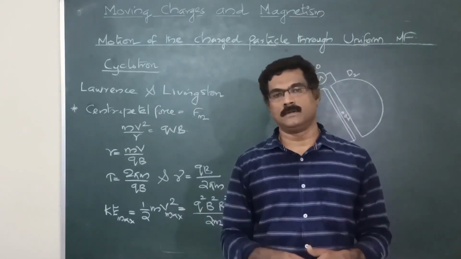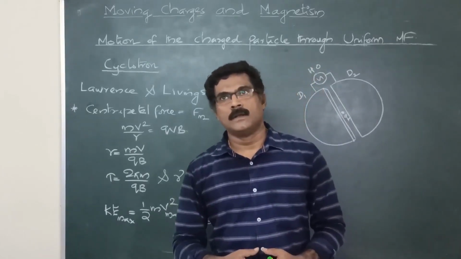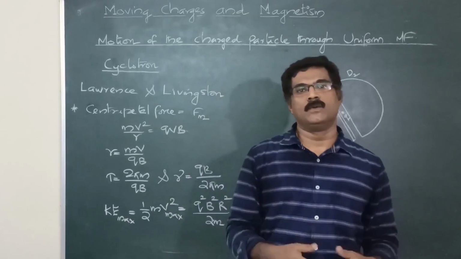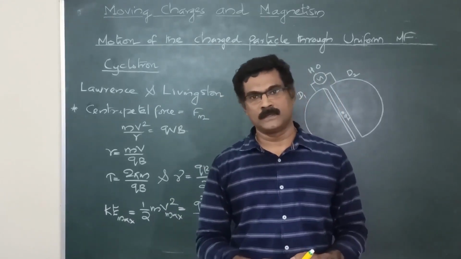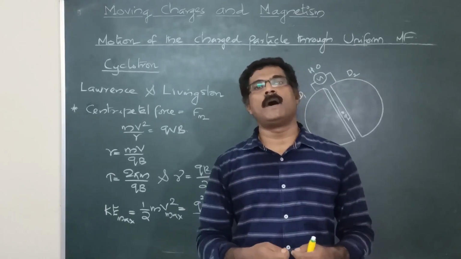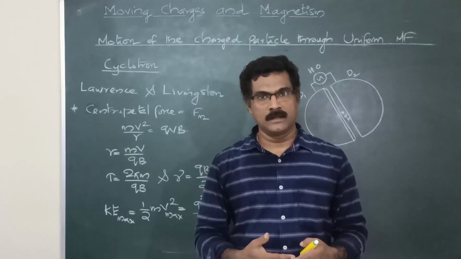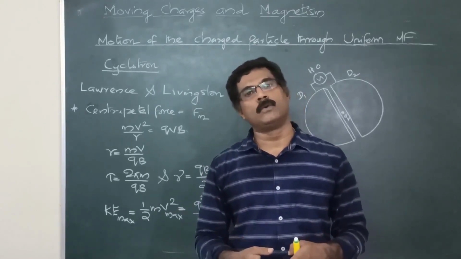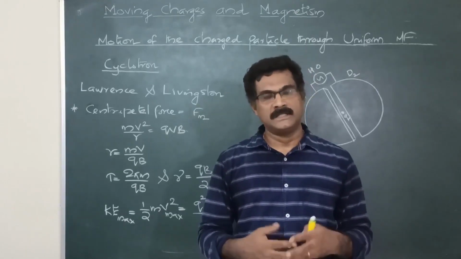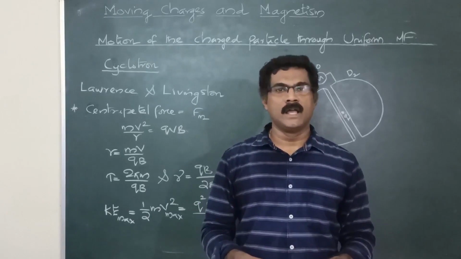How is it possible? It is possible by using two fields. One is an electric field and the other one is a magnetic field. You pass the charged particle through a moderately high electric field a number of times with the help of a perpendicular magnetic field. Then you can accelerate the charged particle to very high energy.